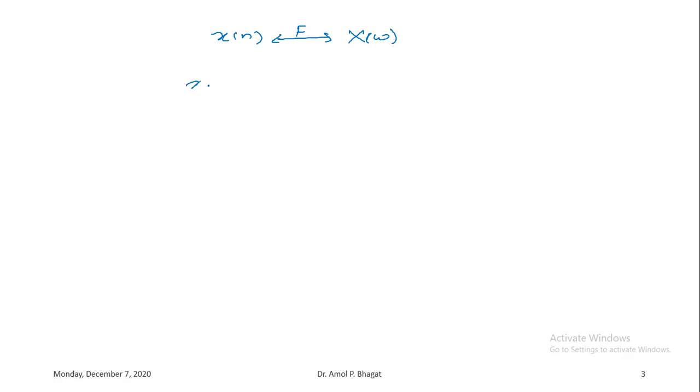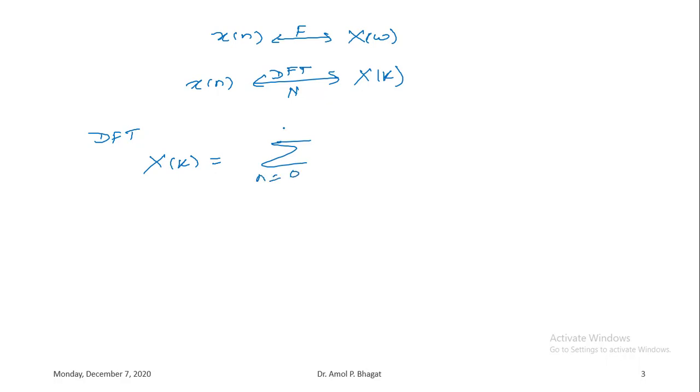The formula for DFT, which I will rewrite here: X of k is equal to summation n equals 0 to N minus 1 x of n into e to the power minus j 2 pi k n by capital N. This is the formula for DFT.